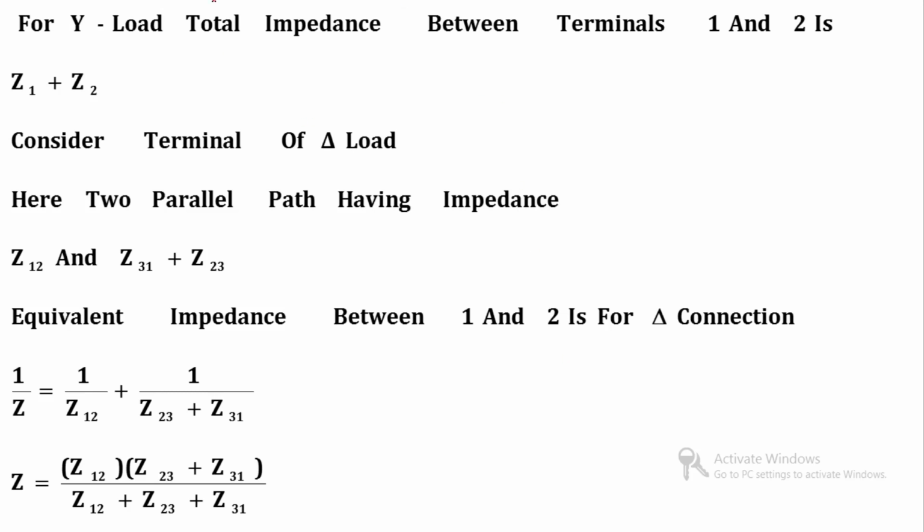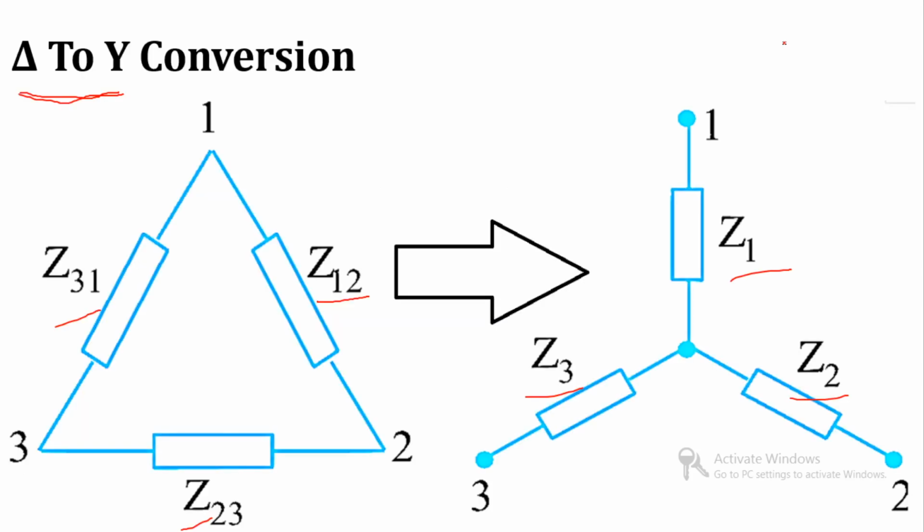Consider the star connected load impedance and consider terminals 1 and 2 only. Forget about terminal 3.